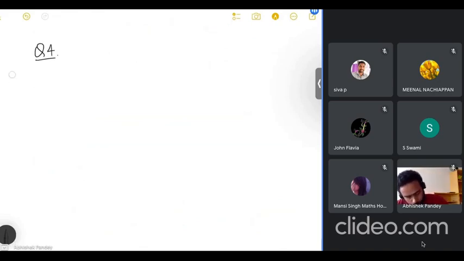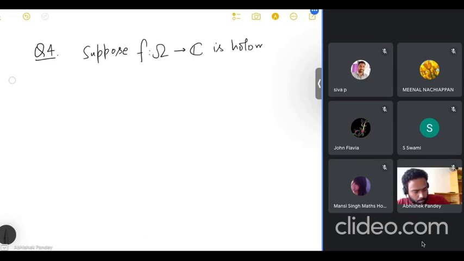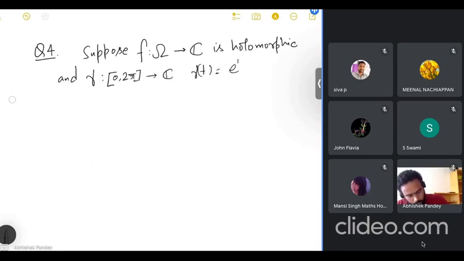Suppose f from omega to C is holomorphic, and gamma from 0 to 2 pi to C, gamma of t equals e to the power iota t.